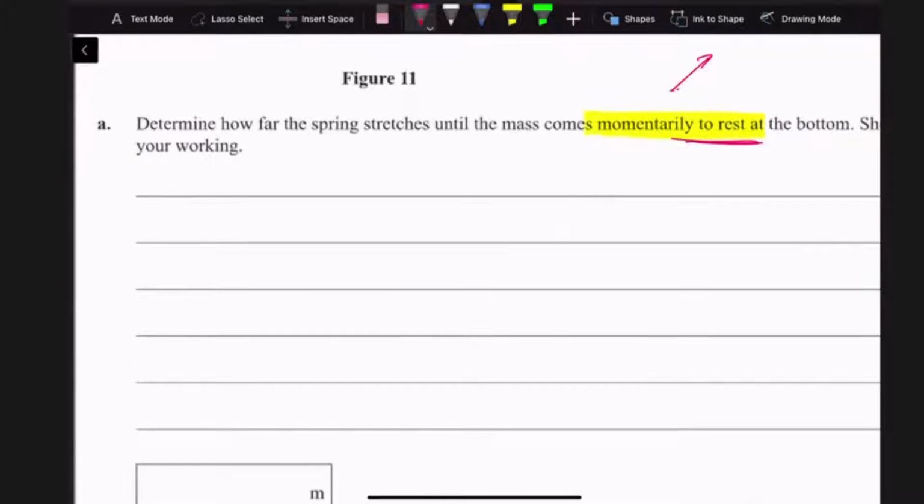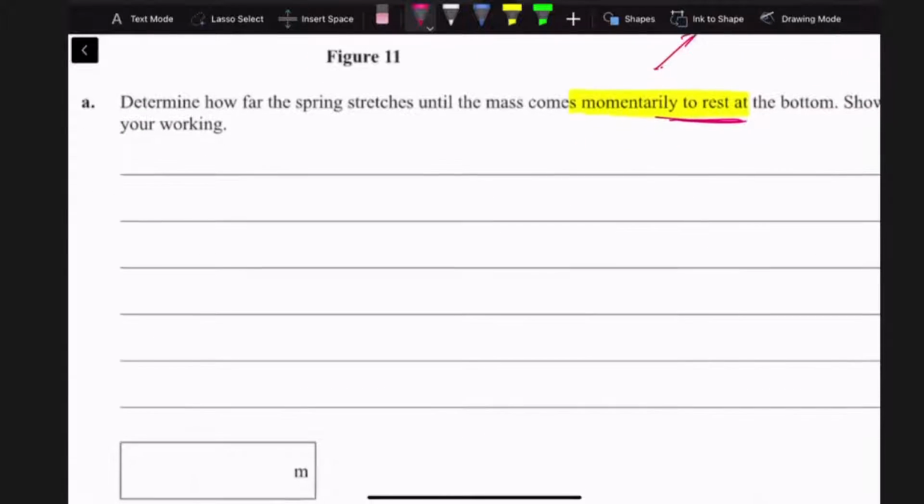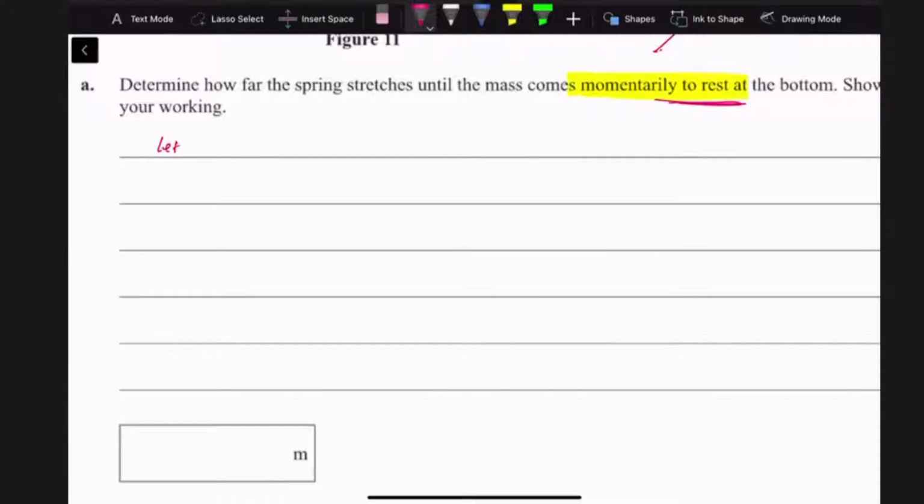So instead of letting the weight force equal the spring force, we're going to use energy conservation. So we're going to let gravitational energy equal the spring energy. So mg times the extension equals half k times the extension squared.